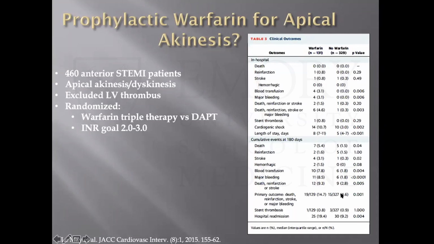So in the absence of a visualized thrombus or an embolic event, just having an apex does not mandate the use of systemic anticoagulation. But as in everything, you have to individualize this, and you have to realize there are complications from the use of warfarin, specifically triple therapy, which you could argue may have been one of the problems with this trial. But we're typically not prophylactically anticoagulating these patients.